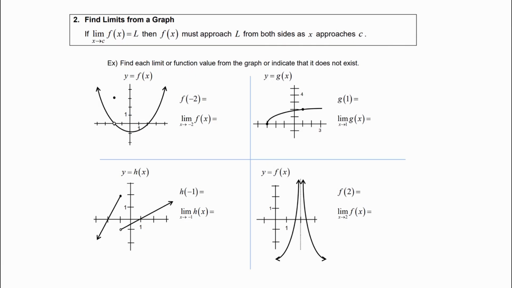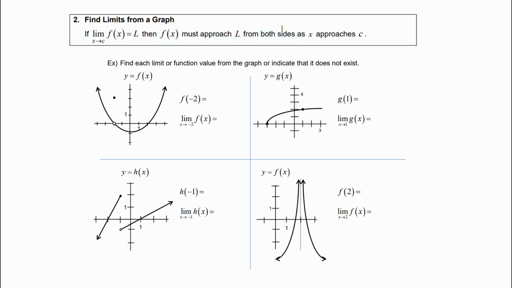Here is the key fact in the box. Find the limits from a graph. If the limit as x approaches c of f(x) equals L, then f(x) must approach L from both sides as x approaches c. Got it?